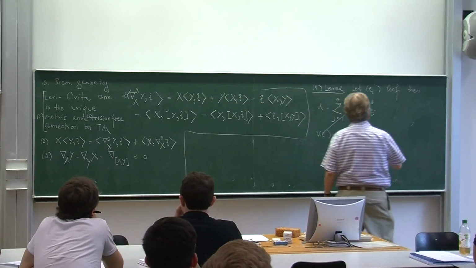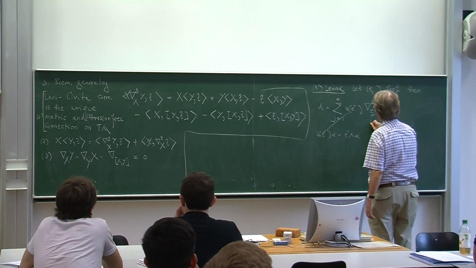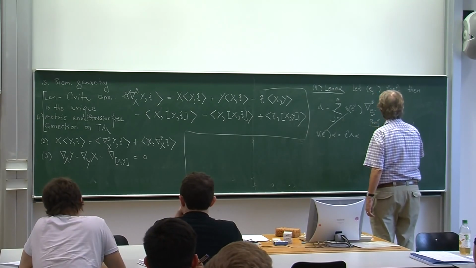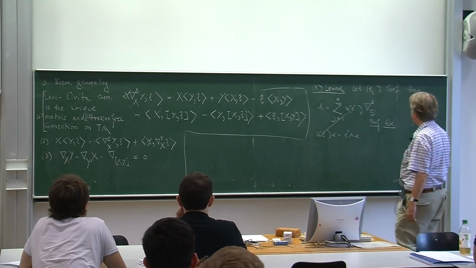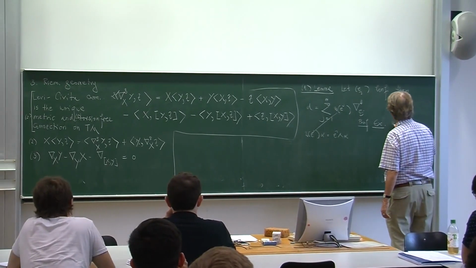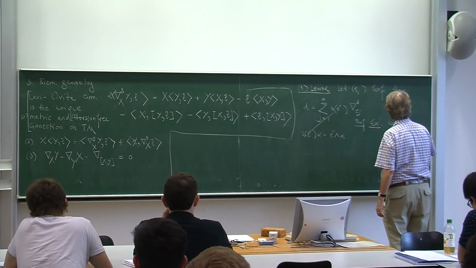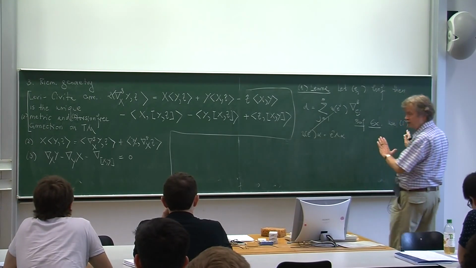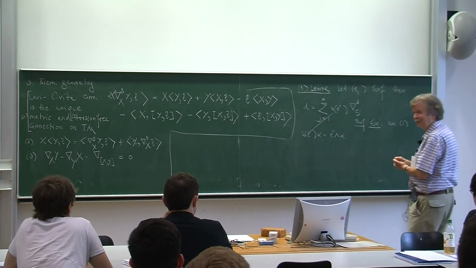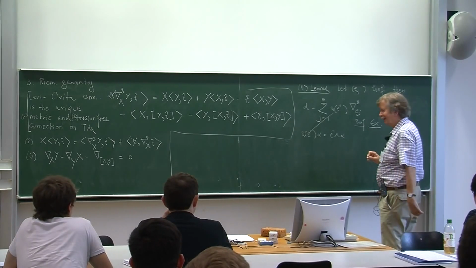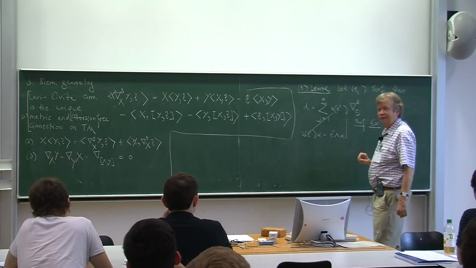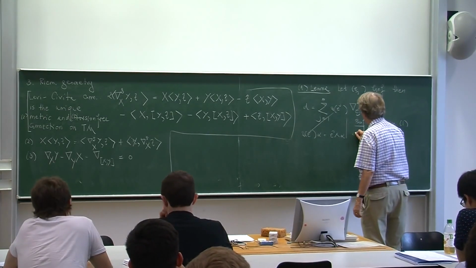How to prove it? This we could make also a little exercise. So use the Koszul formula. It's always dangerous to do this because after a while you don't remember which line was which, but you will be careful about this. Use 1, but this is not enough. And a trick.